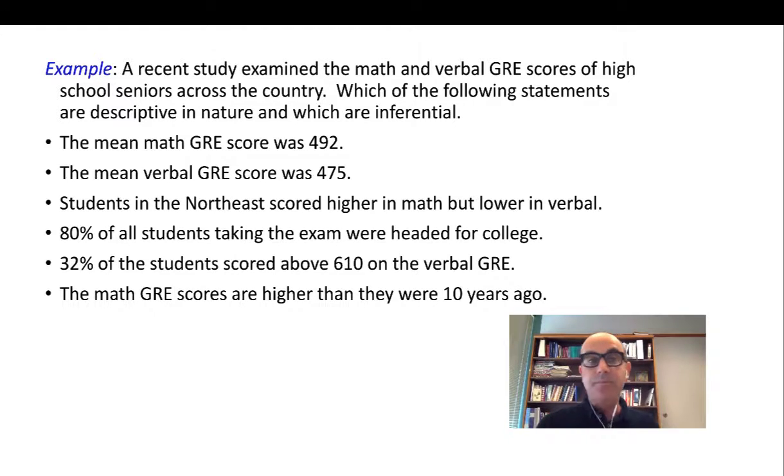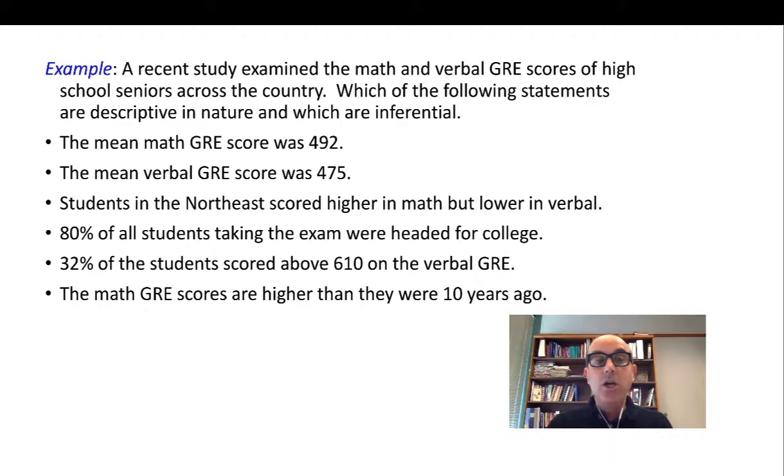So, example, a recent study examined the math and verbal GRE scores of high school seniors across the country. GRE usually is for undergrad students who want to go to graduate school. This time they provided it to high school seniors, and they tried to understand what it means.